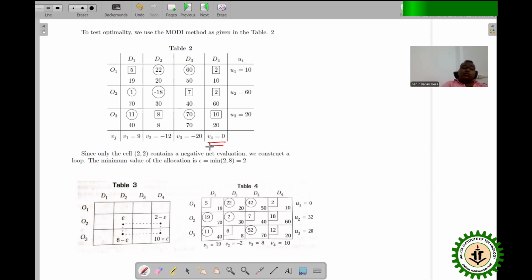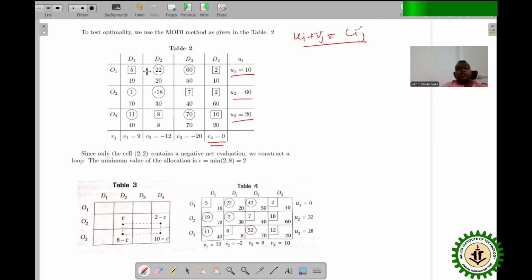After choosing this, as you know, ui plus vj is equal to cij. So from here you can write down the relations. As v4 equals 0, you will get u1 equals 10, u2 equals 60, u3 equals 20.